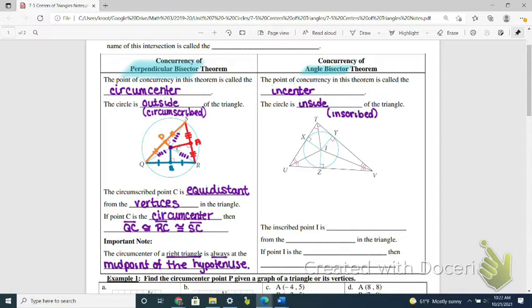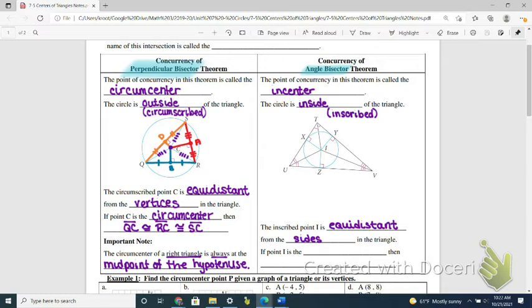The inscribed point I is equidistant from the sides in the triangle.